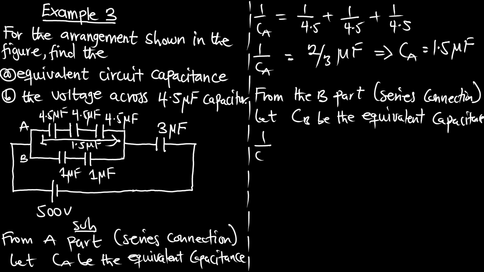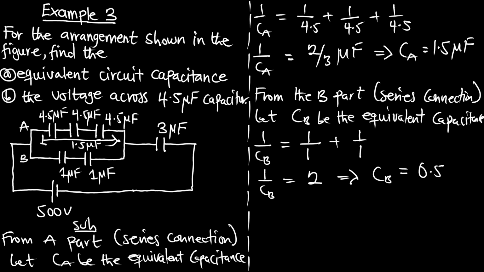So my 1 on CB is also going to be 1 on 1 plus 1 on 1, as each capacitor is 1 microfarad. And this is very simple. It implies that my 1 on CB is going to give me 2, which implies that CB is actually 1 on 2, which is 0.5 microfarad. Is that clear?